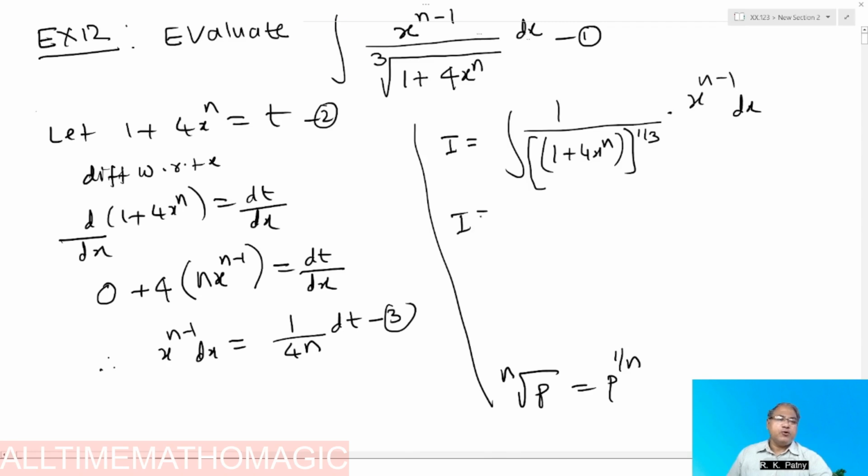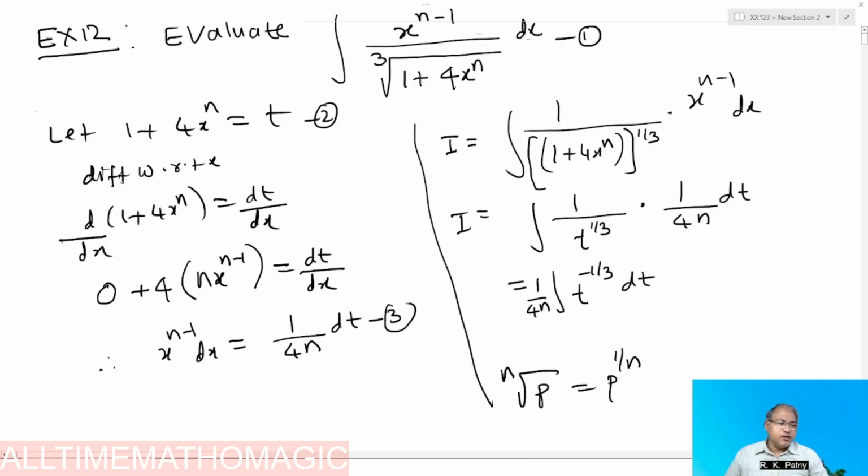From 2 and 3, this becomes t raised to 1 by 3 and x raised to n minus 1 dx is nothing but 1 upon 4n dt. This can be written as integration of t raised to minus 1 by 3 and 1 upon 4n is outside, and integration dt.